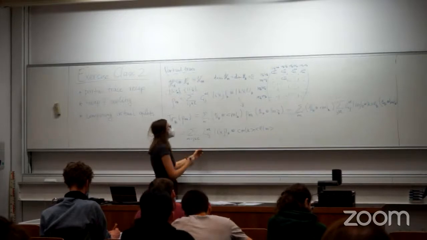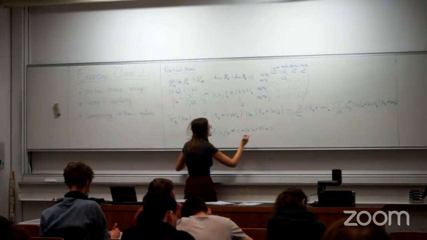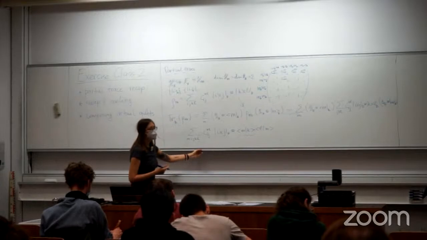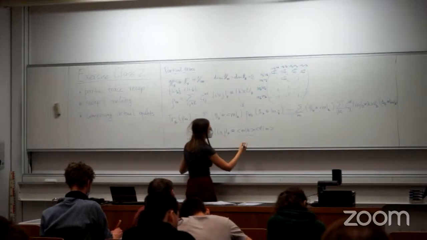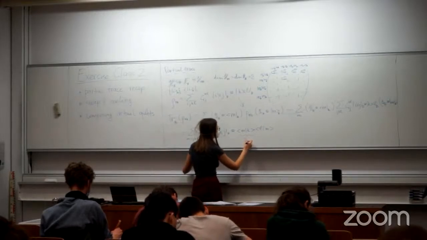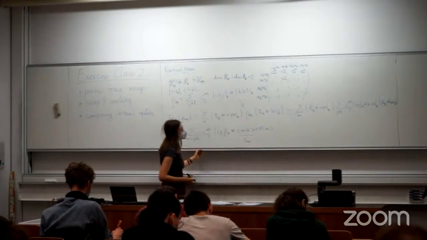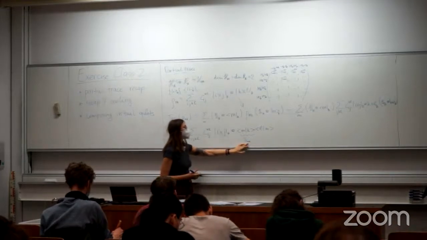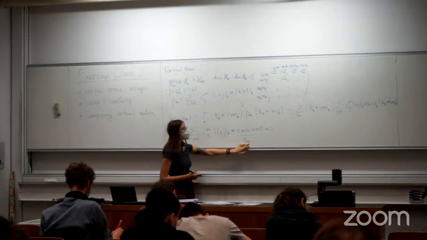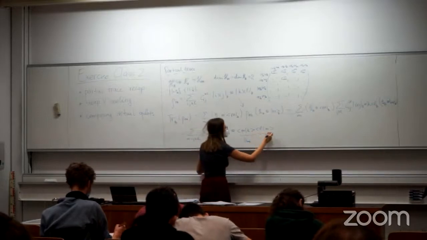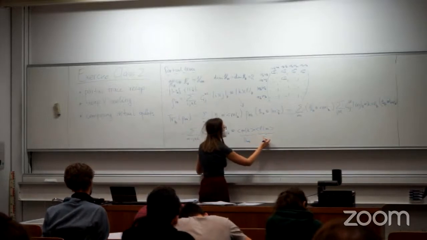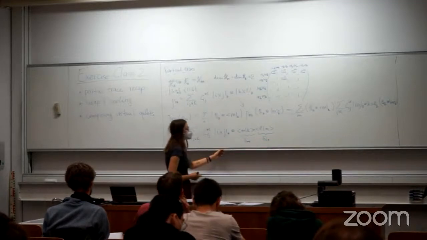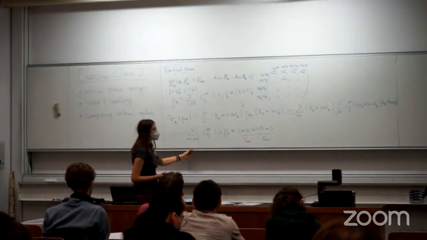Because we have chosen the orthonormal basis, this scalar product gives us the Kronecker delta, which is 1 for M equal K and 0 otherwise. And here we get the same Kronecker delta, but delta ML for the indices.